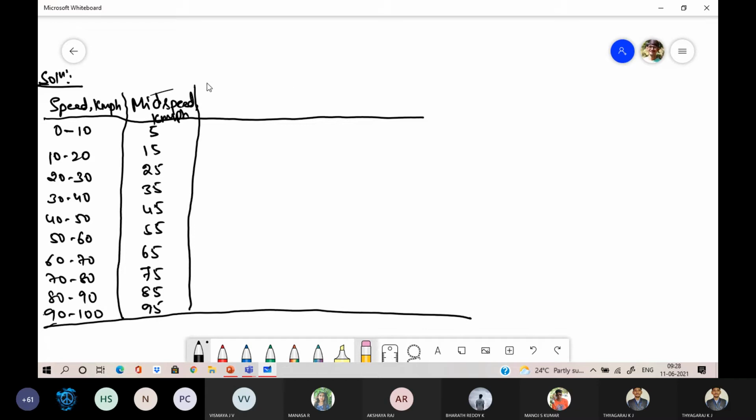Okay. Now the next one is the frequency. What is the frequency? Kindly tell what frequency they have given. For the 0 to 10 range, how many vehicles are there? 12. 10 to 20: 18.